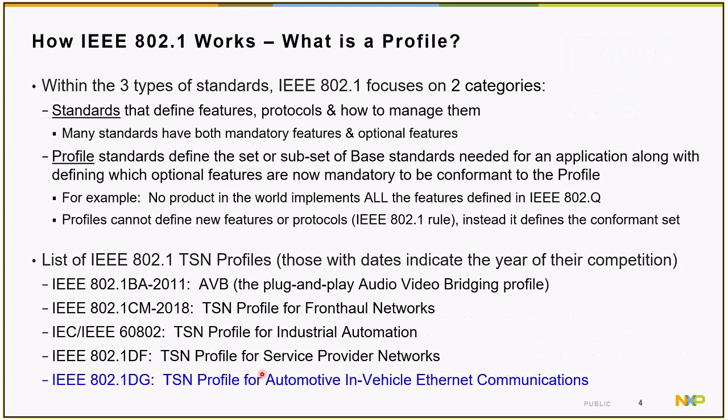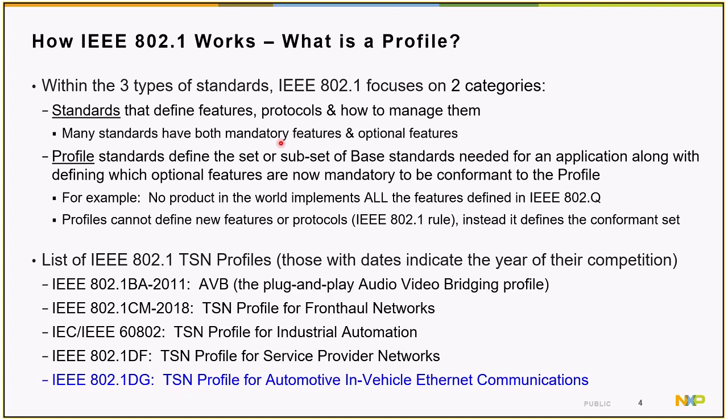Now within those three types of standards, there are mainly two categories that are focused on. There's a standard that defines features, protocols, and how to manage them. Many standards have both mandatory features and optional features. The optional features are there so that if you implement a feature, this is how you should or shall do it.